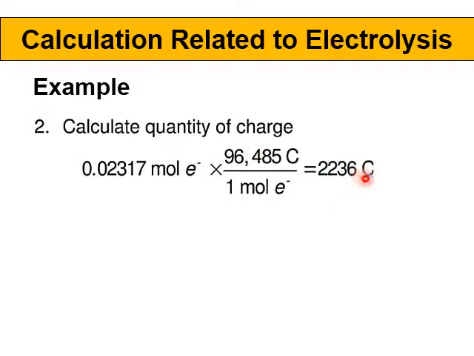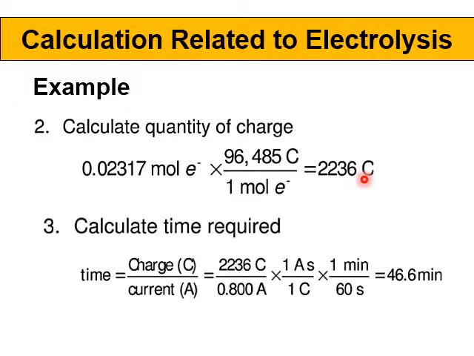Now you have reached this step. Once you have coulombs, you can find mass, time or current. Time is equal to charge over current, so 22.36 over the current in amperes times 1 ampere over 1 coulomb, just to cancel. Then change it from seconds into minutes.